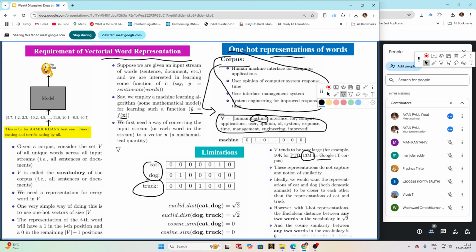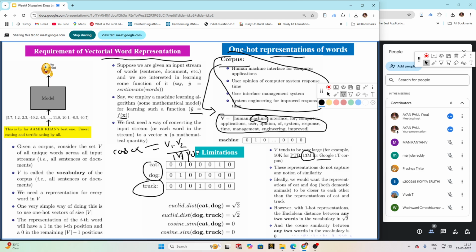What will the similarity be? Say we want the cosine similarity. What is the cosine similarity? Cos of alpha is the product between the two vectors, v1 dot v2, divided by mod v1 and mod v2. Let's say we want the cosine similarity between cat and dog.